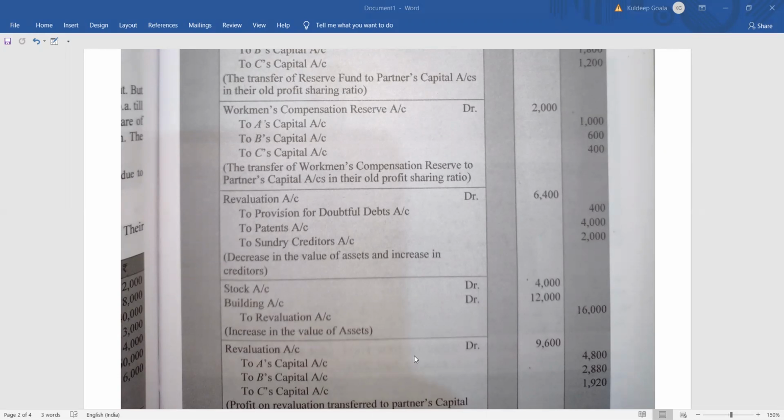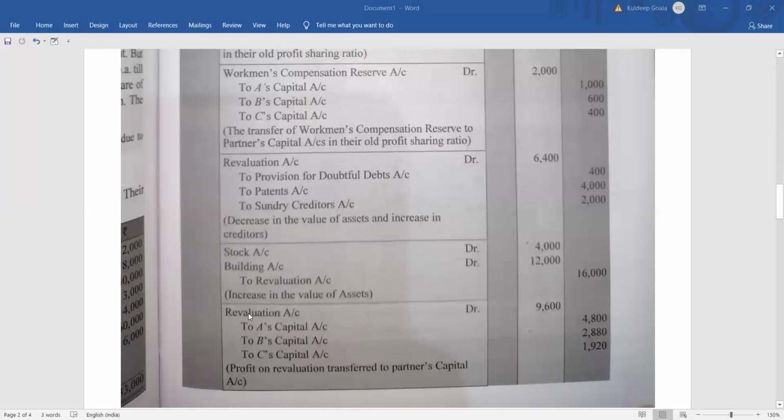So after that, what will happen? We are going to find out whether there is profit on revaluation or loss on revaluation. We have to make a comparison. Earlier the revaluation debit was 6400 and the credit was 16,000. So obviously the credit is more, and if the credit side is more, that means it is a profit.